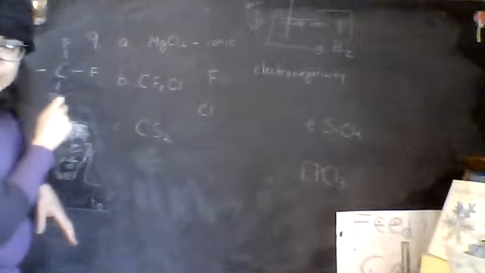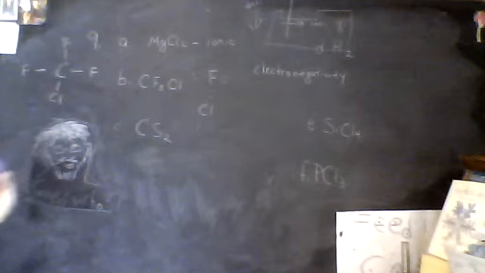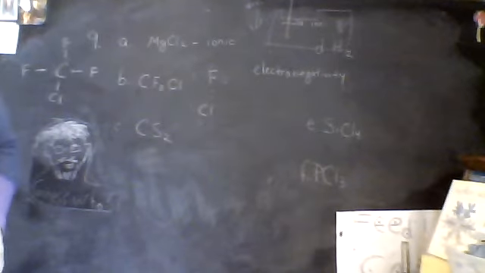So when we draw the bonds, which way is it pulling? It's polar covalent. They're all pulling out from the carbon. Let's look at the carbon. Where is the carbon in relation to the chlorine and the fluorine? Carbon is at the same height as the fluorine, but farther to the left, so it has a lower electronegativity.